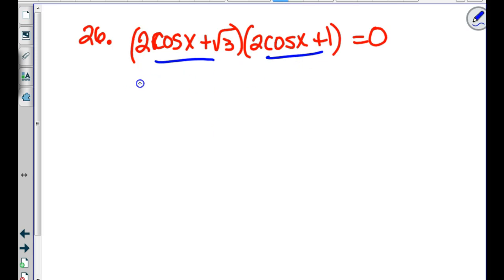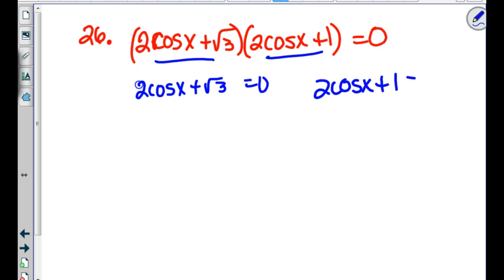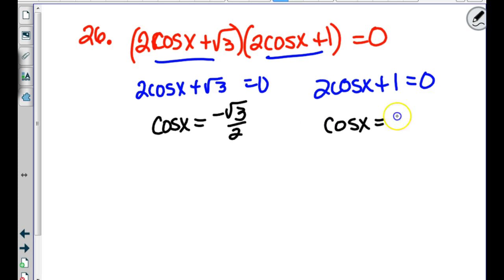So you would just set each factor equal to 0: 2 cosine of x plus square root of 3 equals 0, and 2 cosine of x plus 1 equals 0. Okay, isolate x. What would this say? Cosine of x equals negative square root of 3 over 2. And this one would say cosine of x equals negative 1/2.